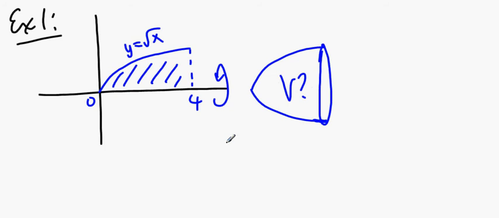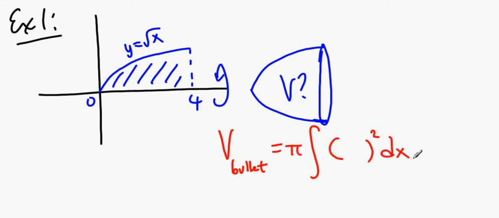The volume is an integral of pi times the radius squared times the thickness of a tuna can. Because when I spin this around, the radius of the tuna can is going to be the same as this function height, from 0 to 4.